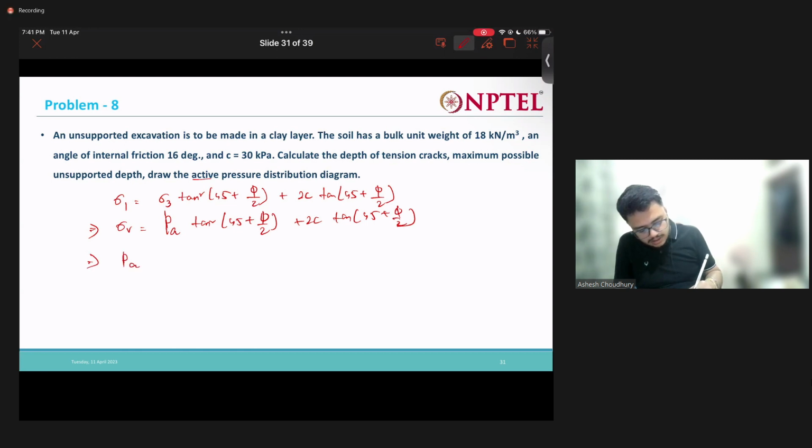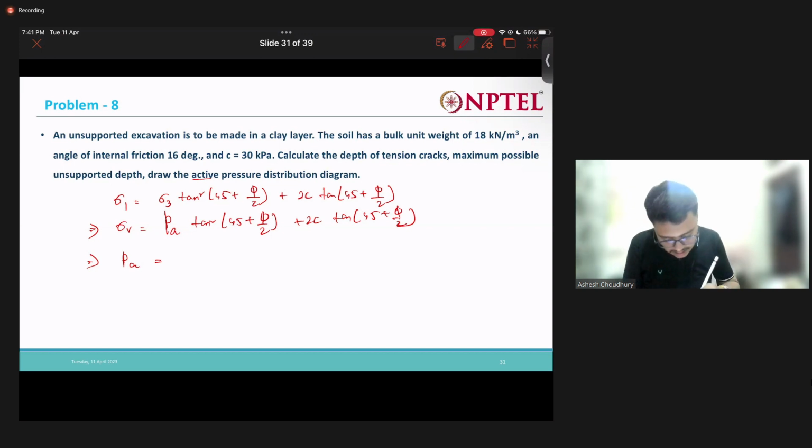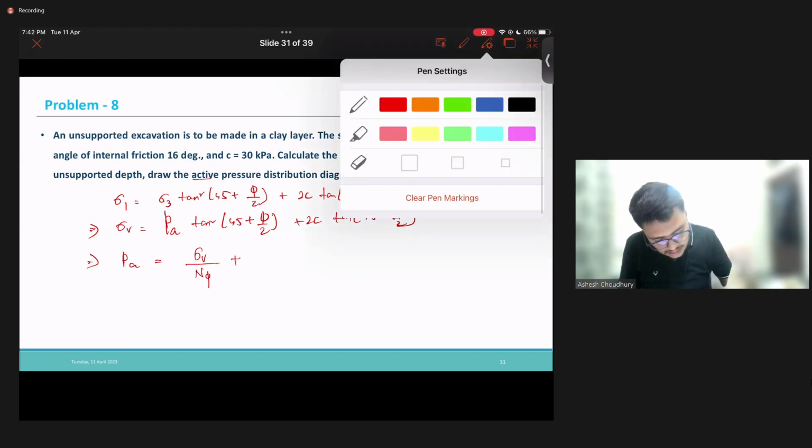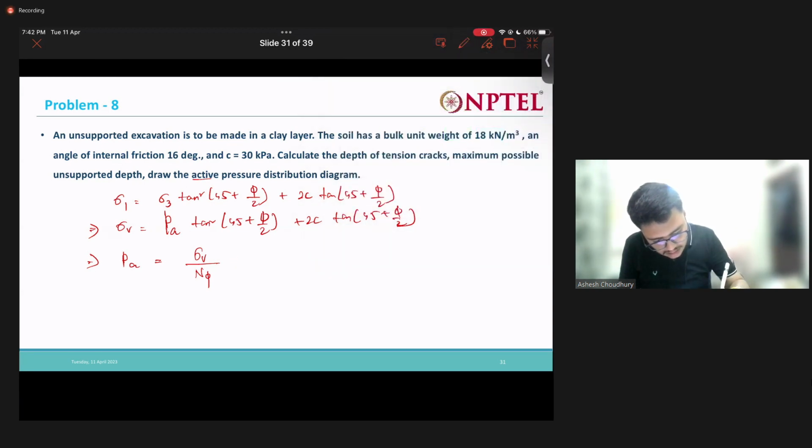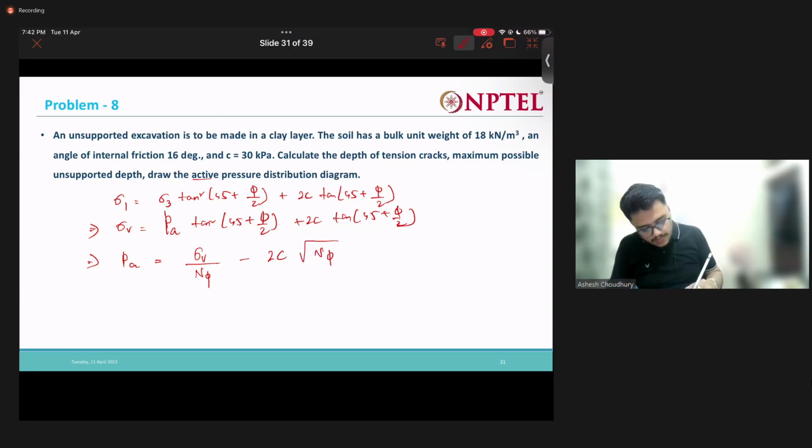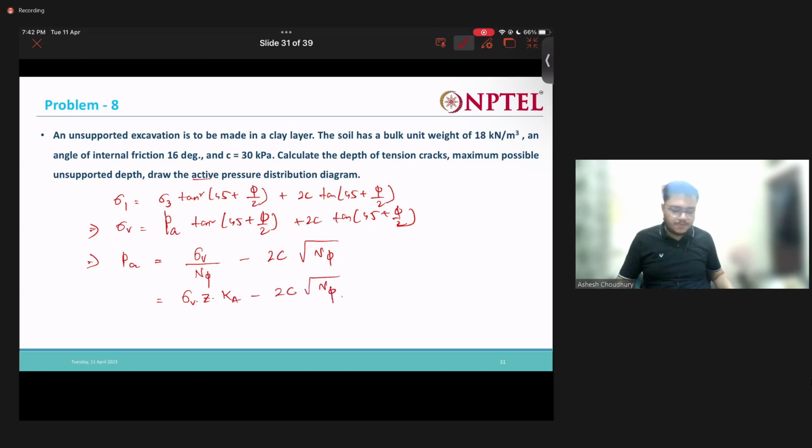Pa was gamma, sigma v, that is gamma into z, into Ka, minus 2c root over Ka.